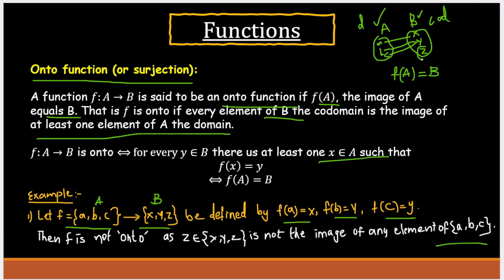So here z is left. Not every element of set B is mapped from set A. So this is not satisfying the onto function definition, so we can say this is not an onto function.